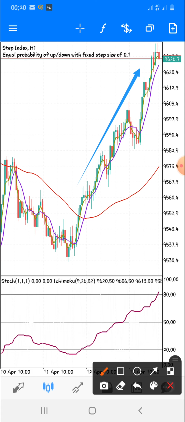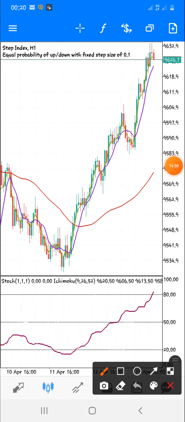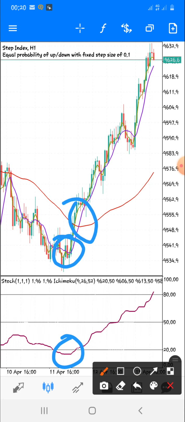Confirmation number one, I repeat, it's the Ichimoku. Confirmation number two, the green line should be above the purple line. Confirmation number three, the red line should cross both indicators, meaning that's an uptrend.